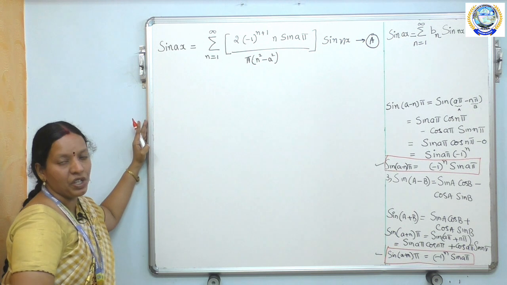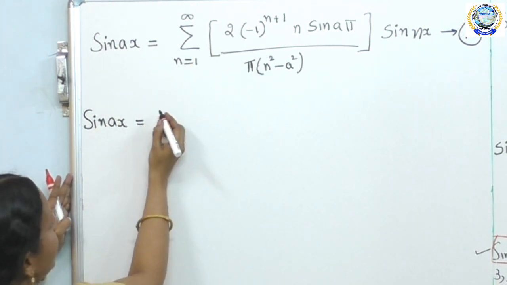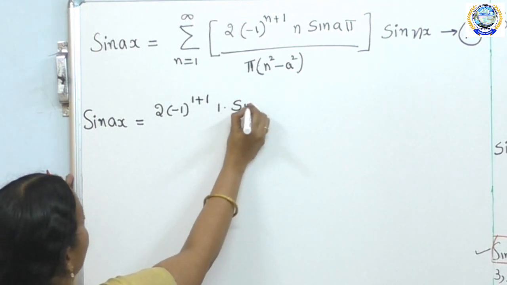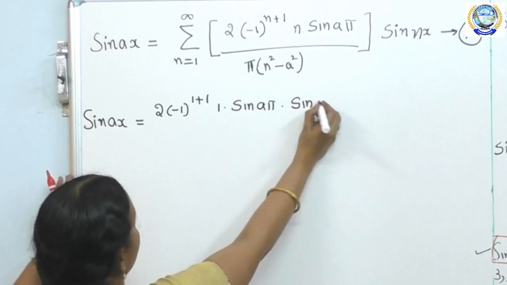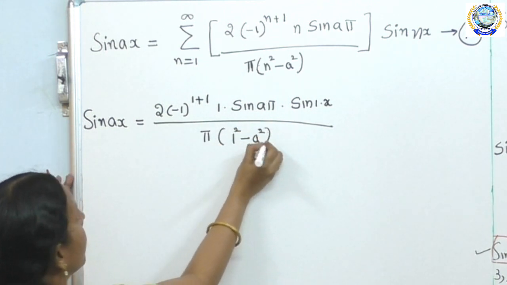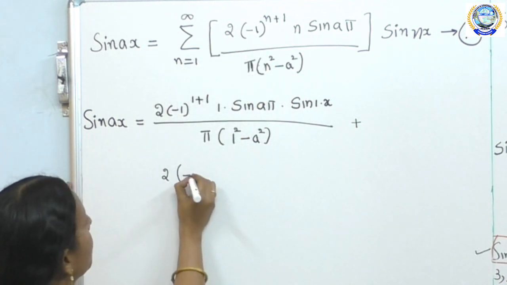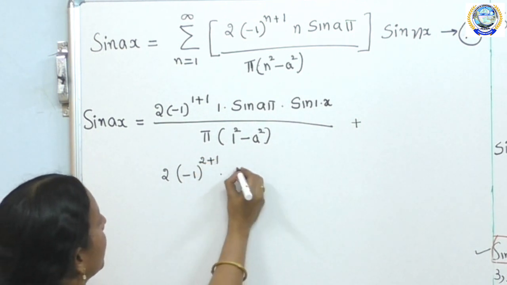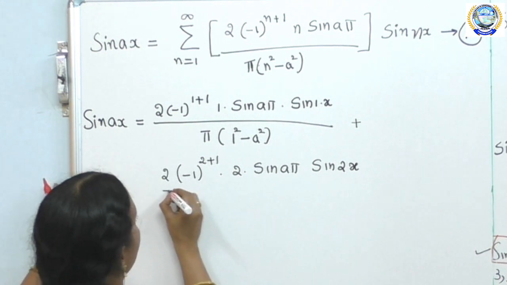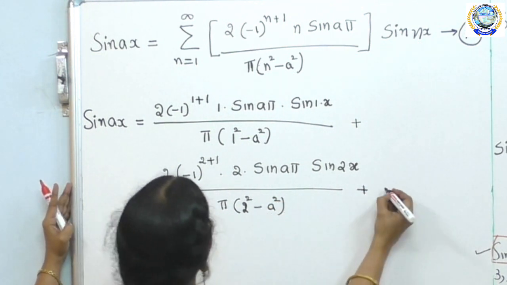Now, expanding the summation, we get sin Ax equals to, put n equals 1 in this expression, we get 2(−1)^(1+1) 1 sin aπ sin 1x/(π(1² − a²)) plus second term, put n equals 2 here, 2(−1)^(2+1) 2 sin aπ sin 2x/(π(2² − a²)) plus so on.